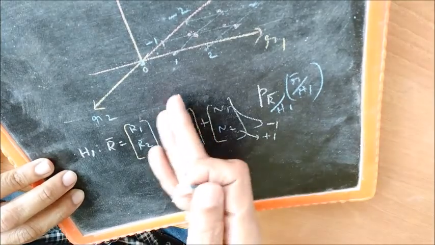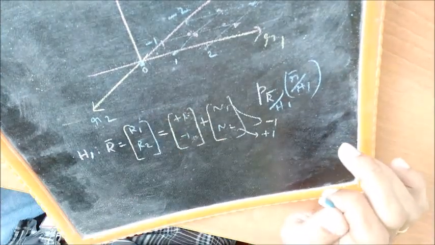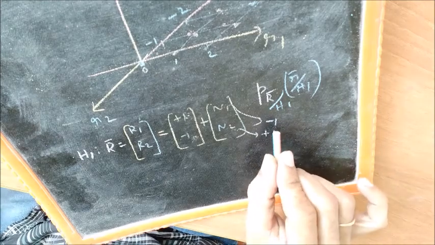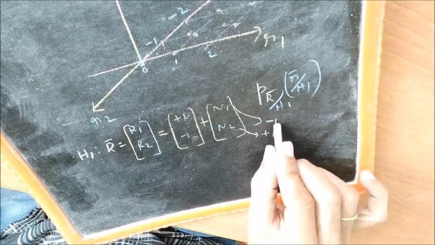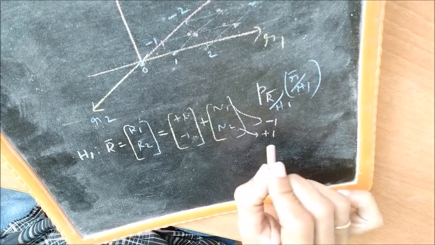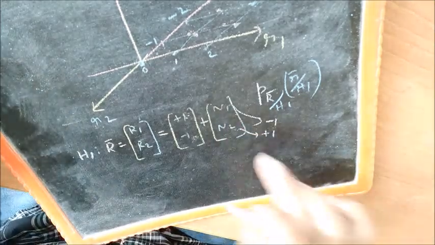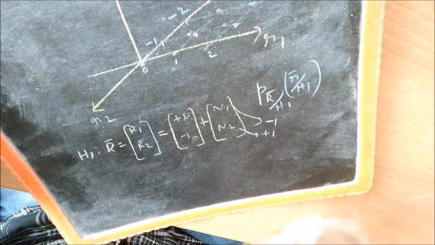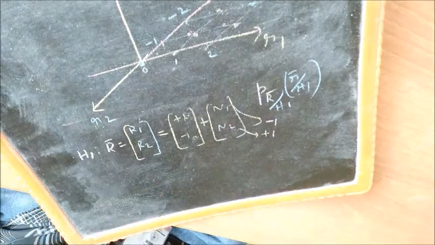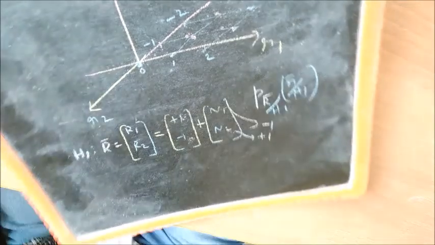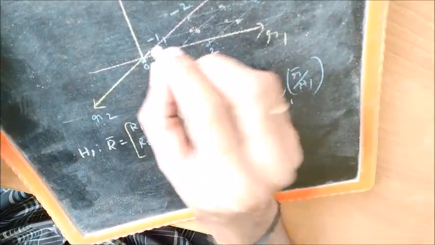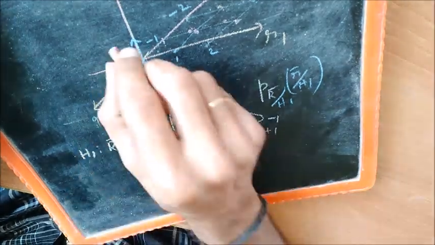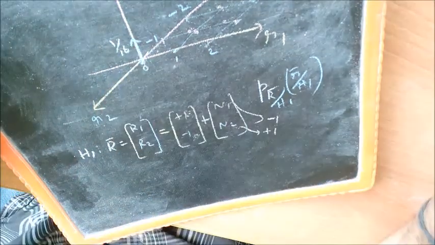And from the PDF which I had here earlier, you can see that the probability of N1 becoming minus 1 is 1 by 4, and N2 becoming plus 1 is also 1 by 4. These are independent events, so if they have to happen simultaneously, the probability is 1 by 4 into 1 by 4, which is 1 by 16. So you can show here an impulse of strength 1 by 16.